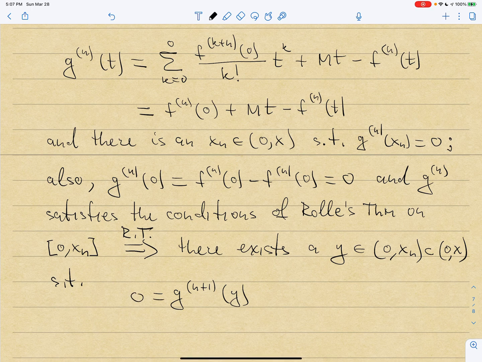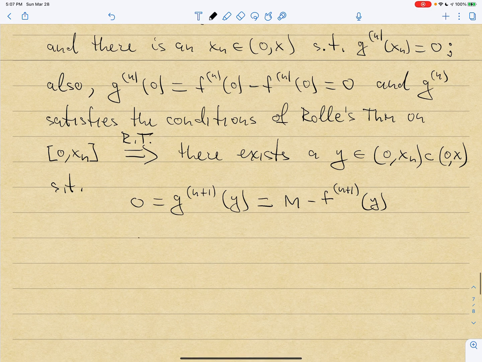But what is g_{n+1}(y)? It's the derivative of this last function that I have written here. So the derivative of the constant f^(n)(0) is 0. The derivative of mt is m, minus f^(n+1) evaluated at y, and so that's what we got.